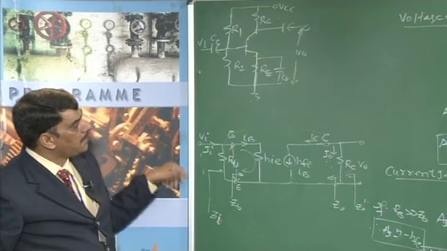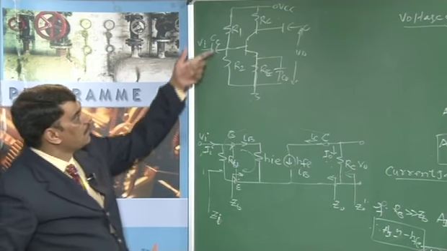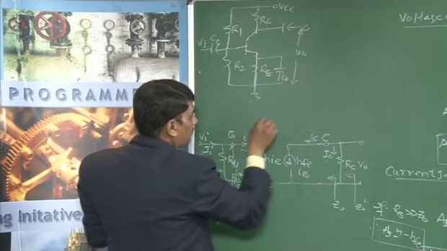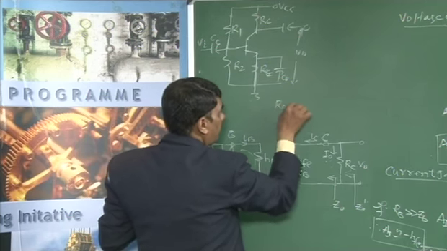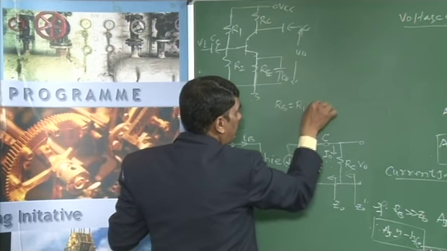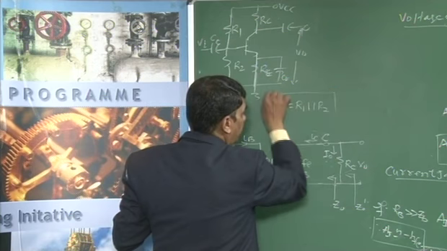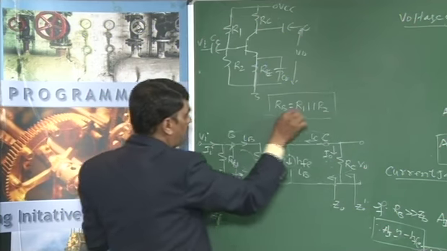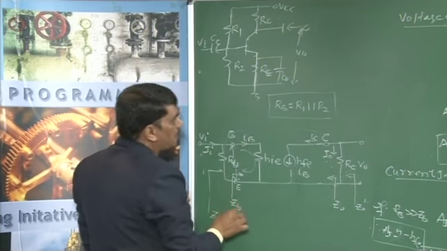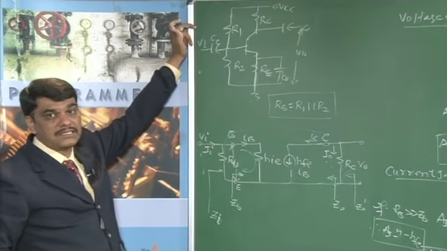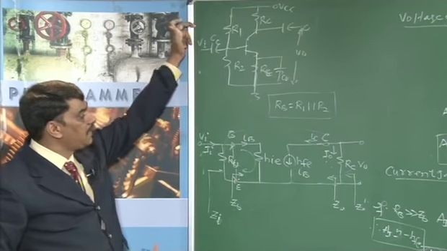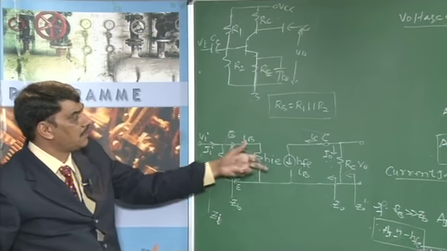Comparing this with the previous circuit, we can replace RB by R1 in parallel with R2. If you replace RB with R1 in parallel with R2, then the analysis of the voltage divider biasing circuit is identical to the fixed bias circuit.